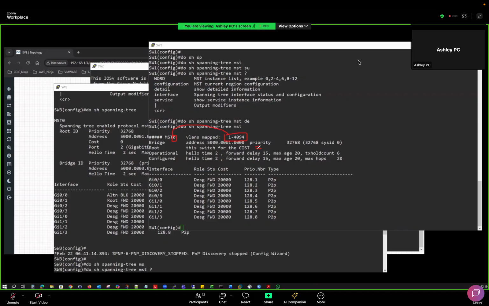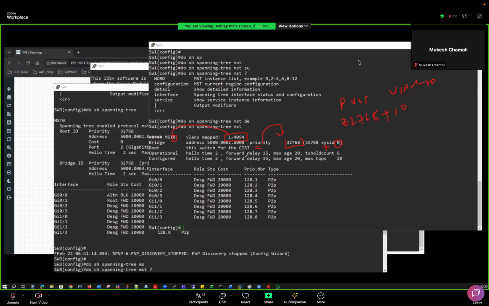So the priority in this case is 32768 plus the system ID. In normal PVSTP cases, we add 32768 plus whatever VLAN you create. If you create VLAN 10 for PVSTP, then 10 is added to your priority, yes or no?